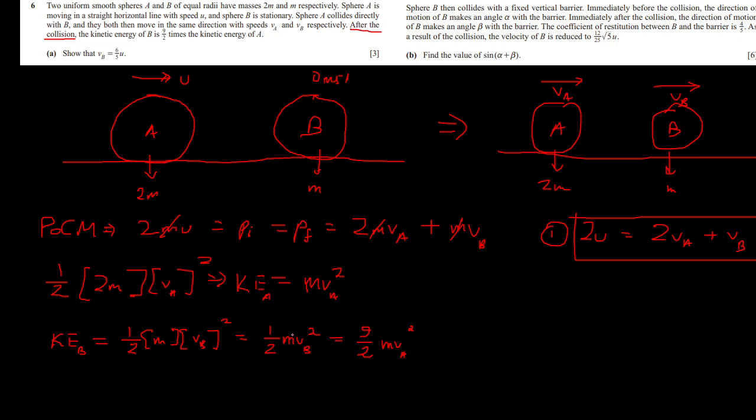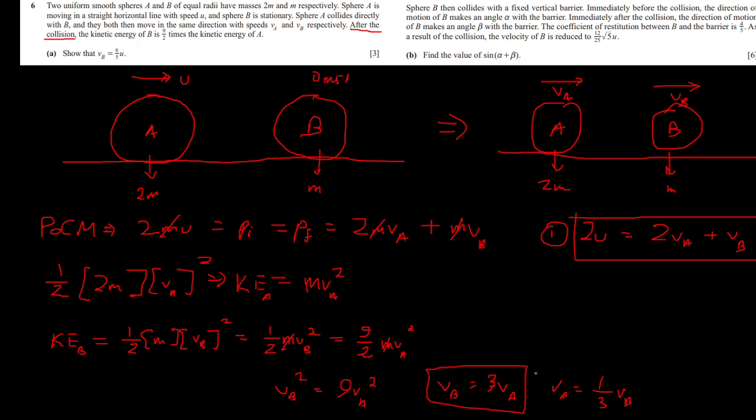So now if we cancel out the masses and multiply 2 on both sides, we get VB square times 2 is equal to 9VA the whole square, and rooting both sides we get VB equals 3VA. Okay, now we can use this formula. We could use VA equals 1 by 3 VB, since they want us to find VB.